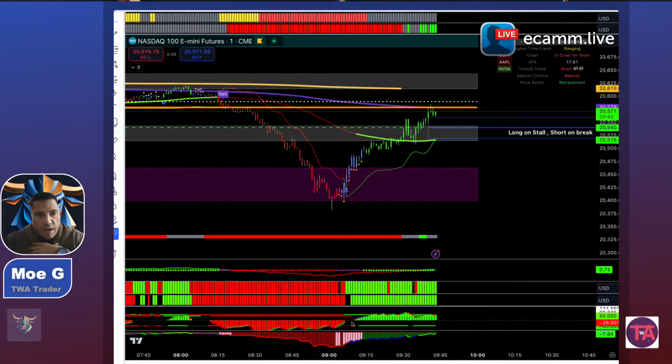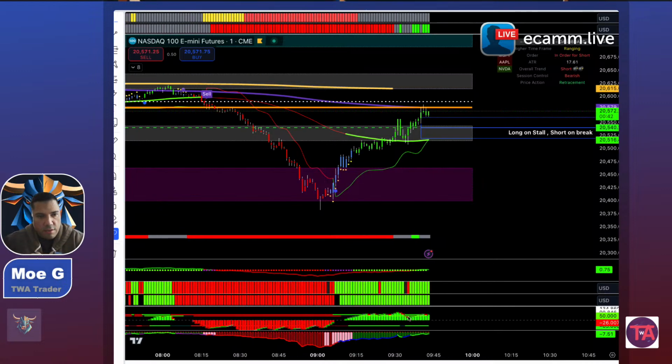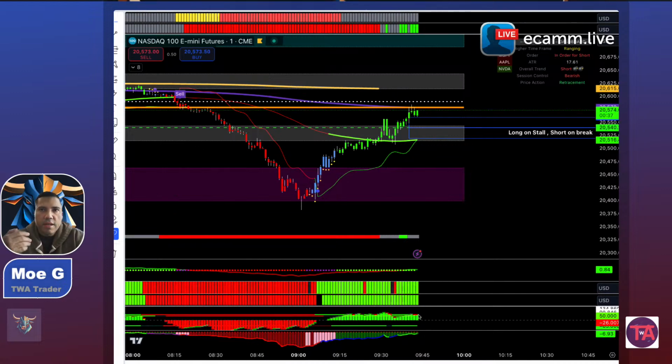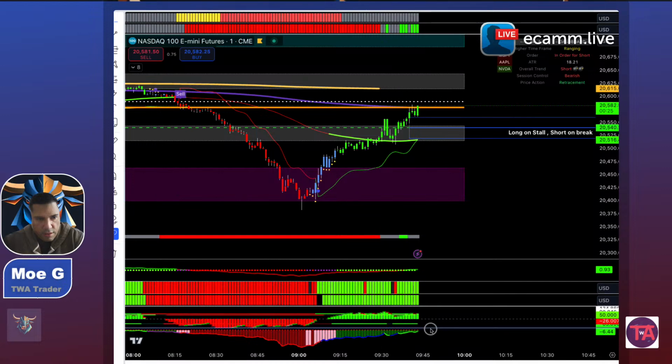That's what I ideally like to see. I don't like entering when it's clicking back and forth, because the probability of getting wicked out sooner is high. What I do like, though, is that there are two sides to everything. You see how here it went from red to pink.